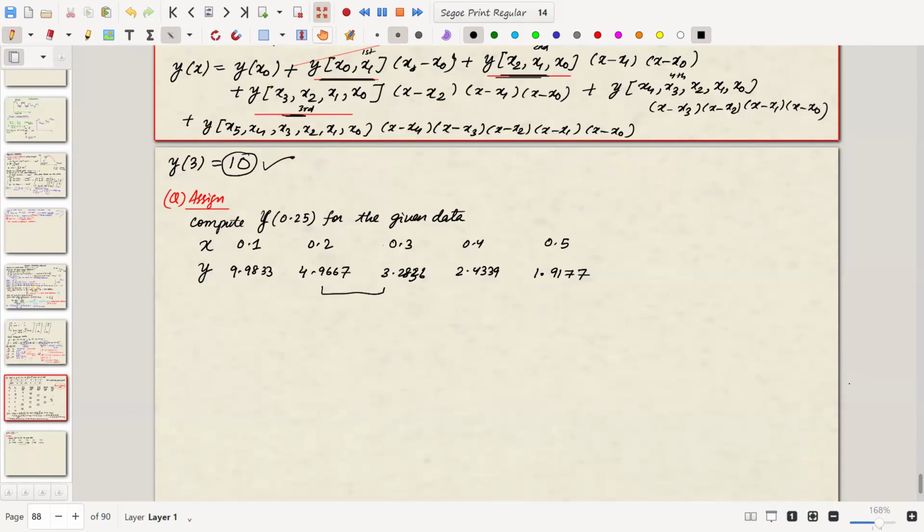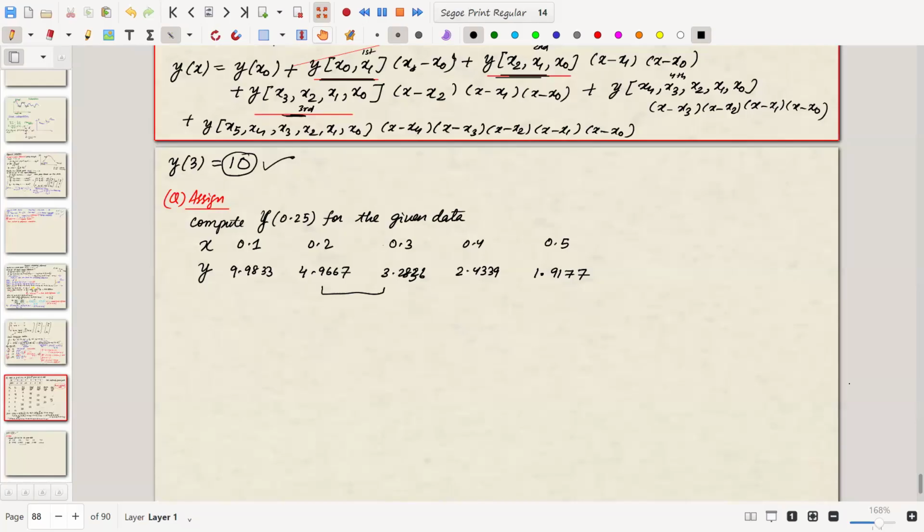Please give utmost attention, because Lagrange and finite difference interpolation are the two finest interpolation techniques.